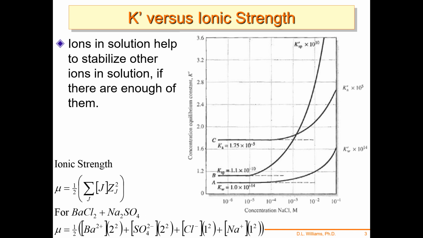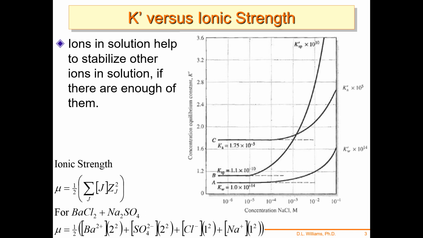It's going to have 4 squared, 16 times the effect of a sodium plus on the ionic strength. And so for barium chloride and sodium sulfate, put those together, you're going to have this huge ionic strength. The barium sulfate will precipitate out, and so then you'll have to put in there the very small concentrations of the barium and sulfate, but you'll have high concentrations of the sodium and chloride. And so this is how you calculate that concentration of ions.